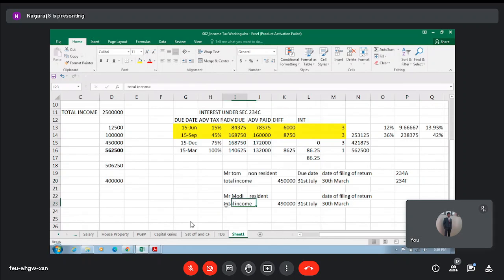Why? Tax is 12,000. How? Tax will be zero, no, sir? Tax is zero. For Modi, 234A will not come. Why?